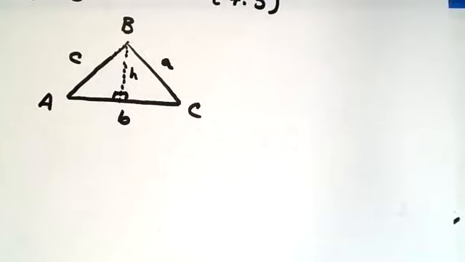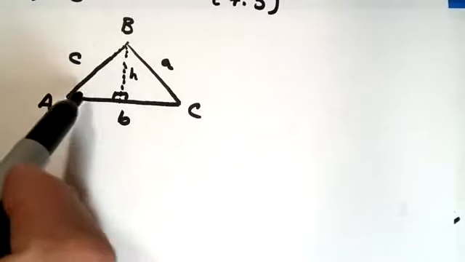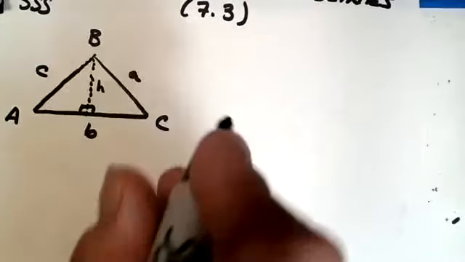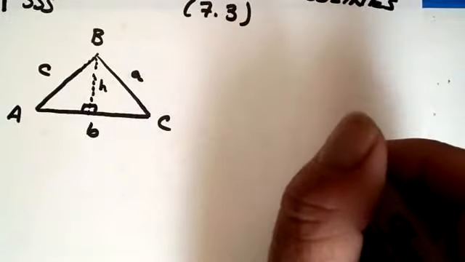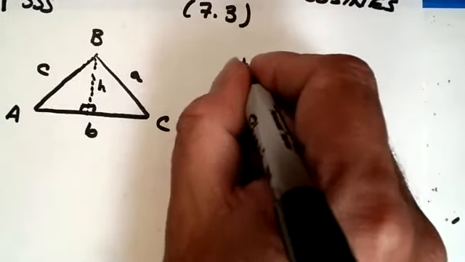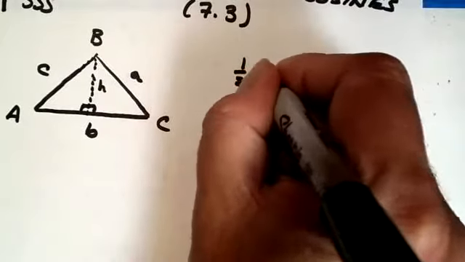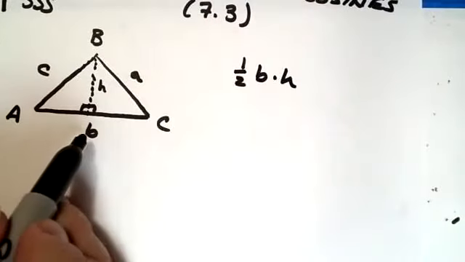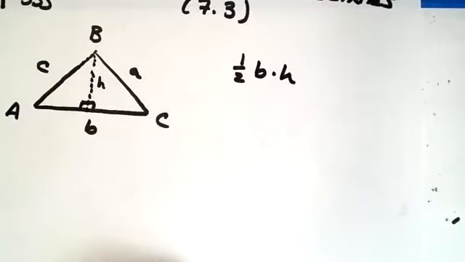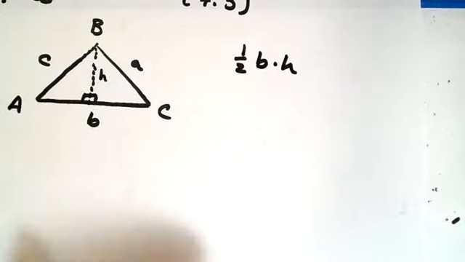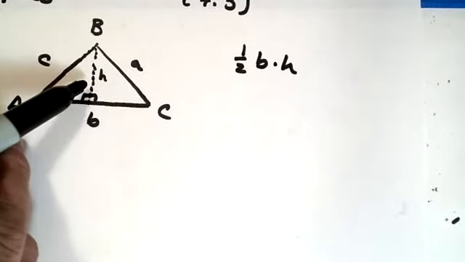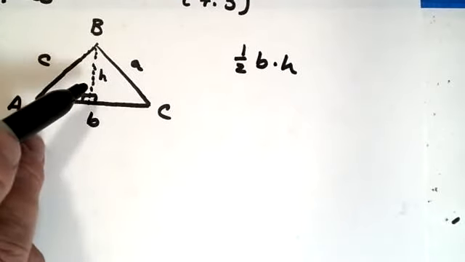And if we were to calculate the area of this triangle, we would say, well, that's 1/2 base times height, and I set it up so that b is actually the base. So then the question becomes, do we really need h? Can we use one of these trig functions to maybe replace it?